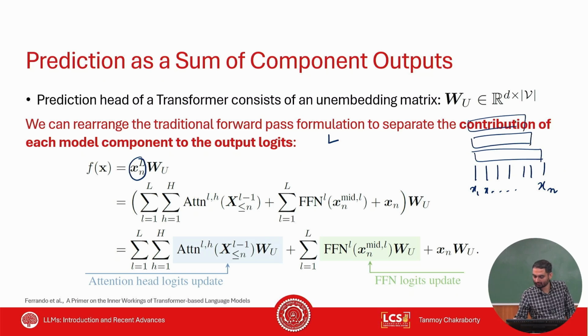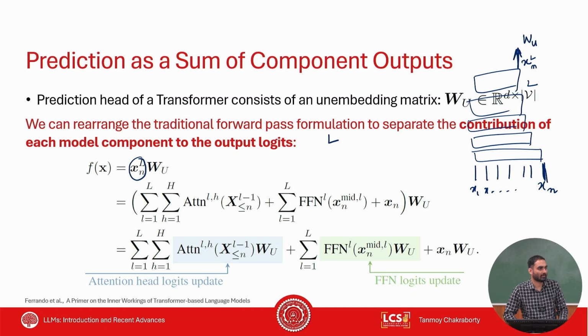Let's say this is the last layer, the lth layer, and the corresponding output that we obtain for this xn will be fed to the unembedding layer W u, and this vector is denoted by x n L. So the final output f of x, the distribution that we obtain, is essentially x n times W u, the unembedding layer.